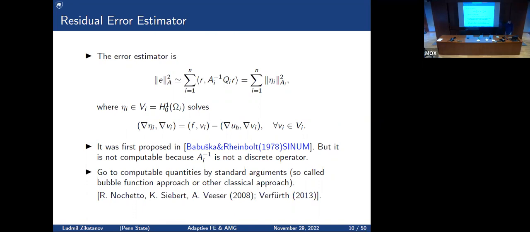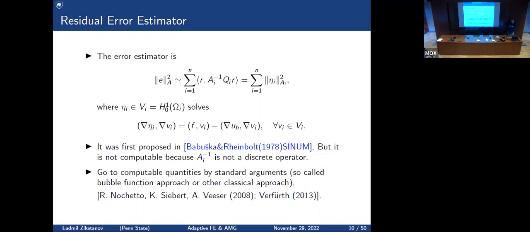Now, I don't know if you know where the catch is here, but A_i inverse means you solve on every patch a continuous Laplace, okay? In their paper, they said you take a higher degree polynomial or something like that. But you also see here why there are oscillations.